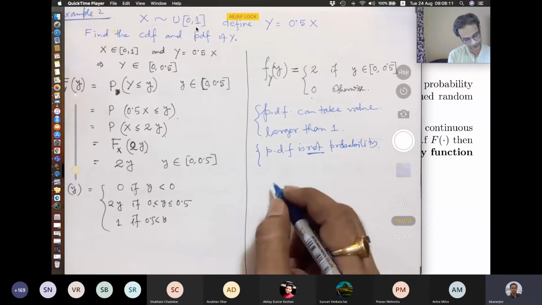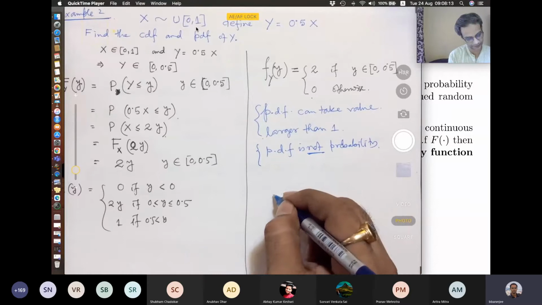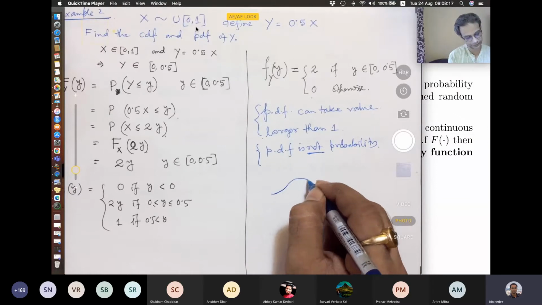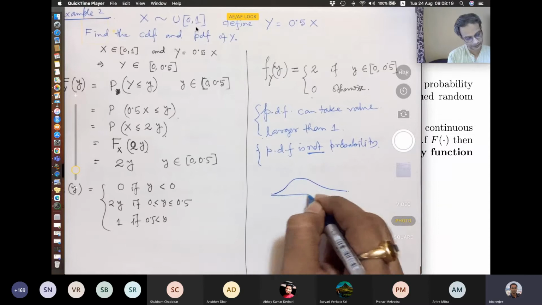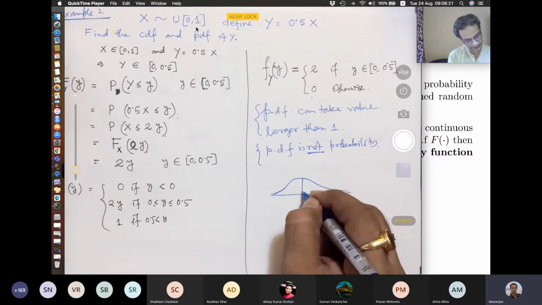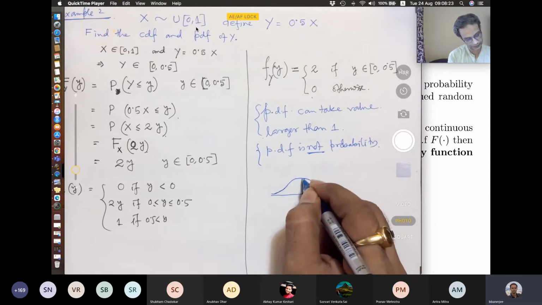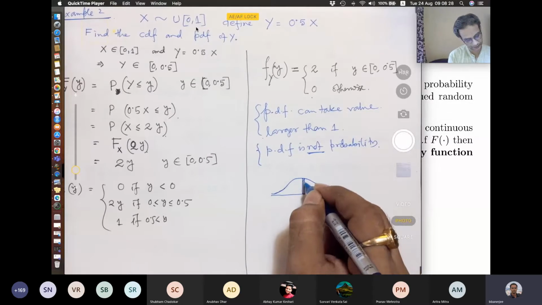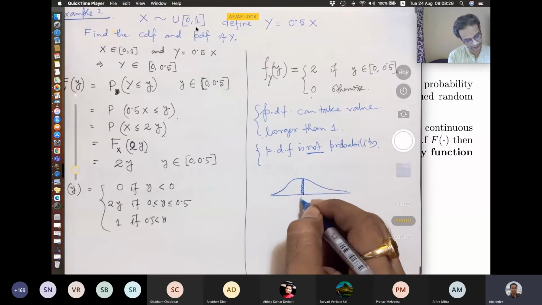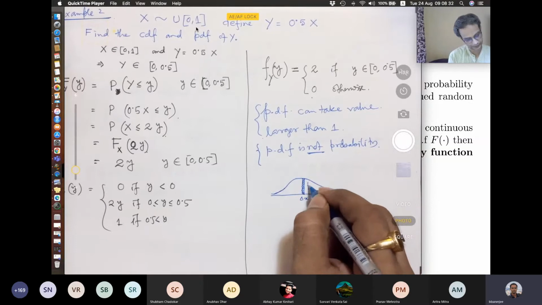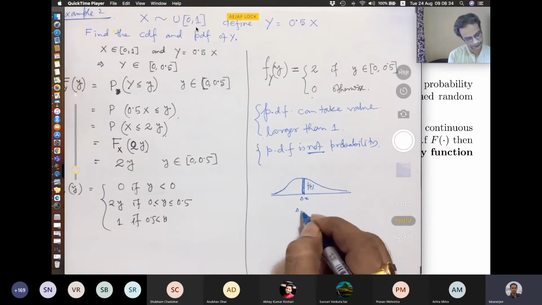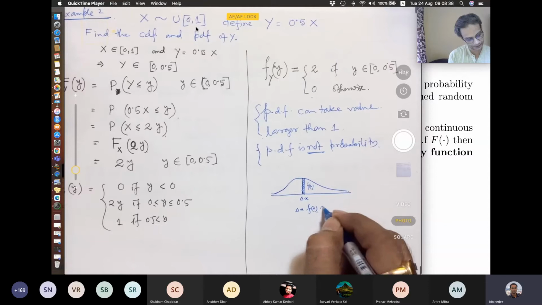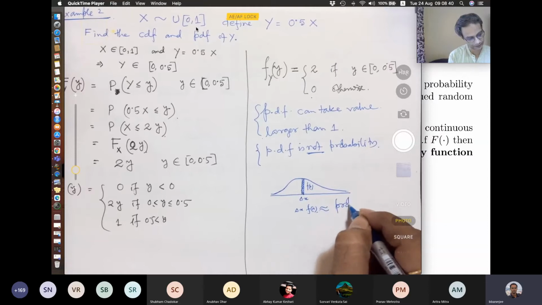So eventually, whatever PDF function you have, maybe something like this, this height is the PDF, then multiplied by say delta x, f x delta x is approximately the probability.